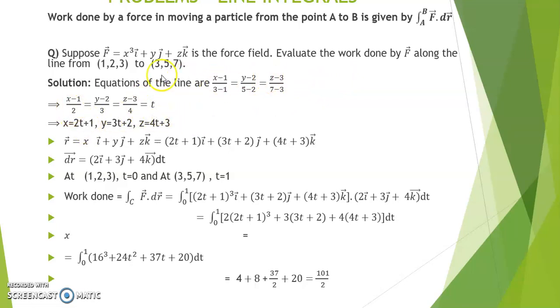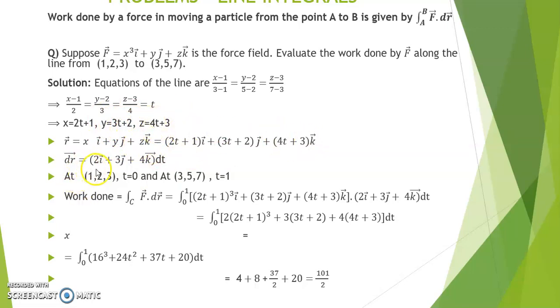So substituting the values of x1, y1, z1 and x2, y2, z2, and equating to t, I am getting the values of x, y and z. So r vector is equal to x i vector plus y j vector plus z k vector. It's a well-known concept. In place of x, I am substituting 2t plus 1. In place of y, I am substituting 3t plus 2. In place of z, I am substituting 4t plus 3.